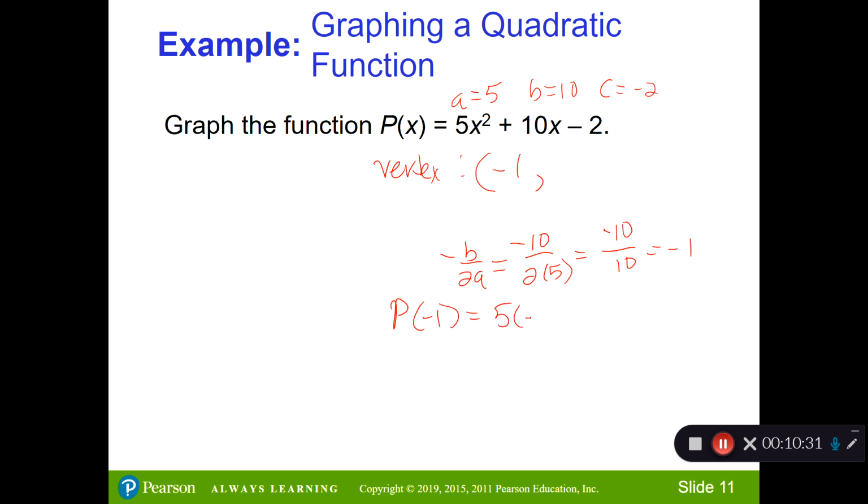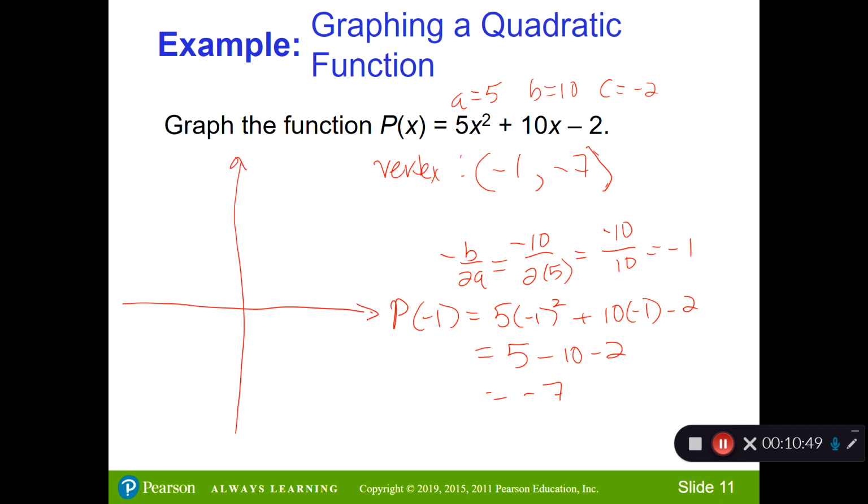So I'd have 5 times negative 1 squared plus 10 times negative 1 minus 2. So we get a negative 7. So now what this tells me is that my vertex is at negative 1, negative 7.